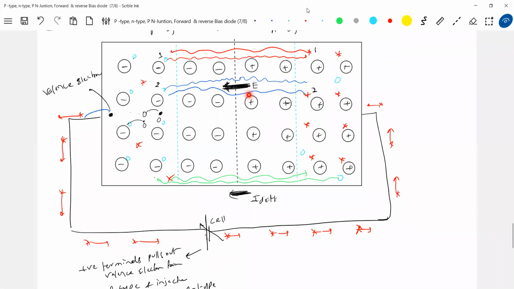So here the hole will move like this, because when this electron comes, it will undergo recombination, and it will not move as a free electron, it will move as a valence electron, jumping from hole to hole. The electron will go like this, and when it comes here, it will be pulled by the positive terminal.